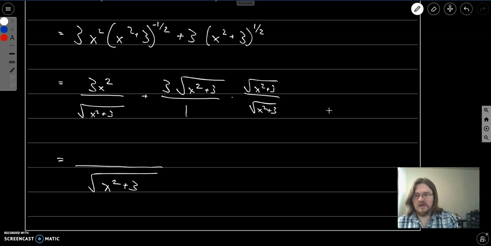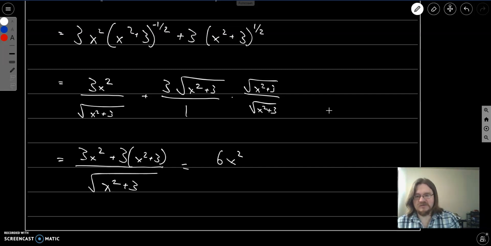And on top, I'll have my 3x squared plus 3 times this guy. So this is 3 times the square root of x squared plus 3 times the square root of x squared plus 3. Well, if we multiply square roots, we just get that function back. So this actually simplifies down quite a bit. So I have 3x squared plus 3x squared is 6x squared.